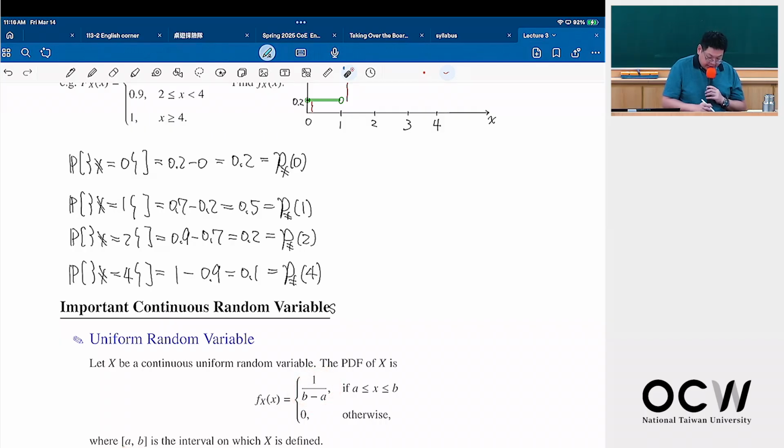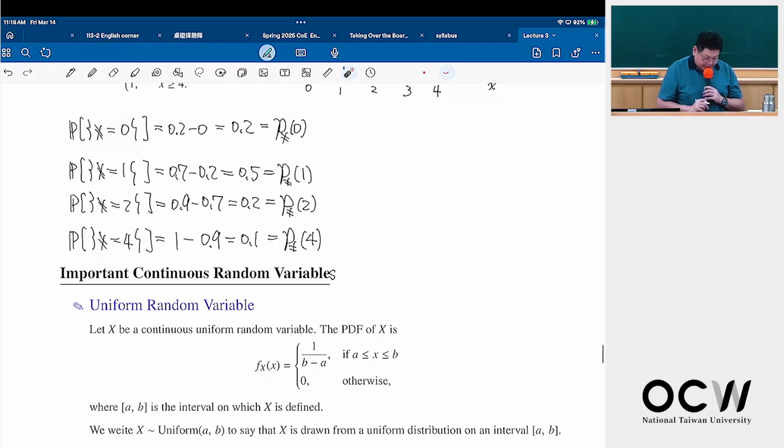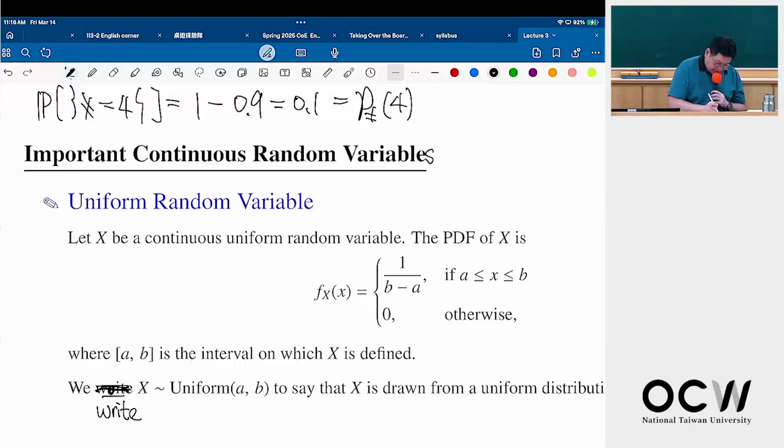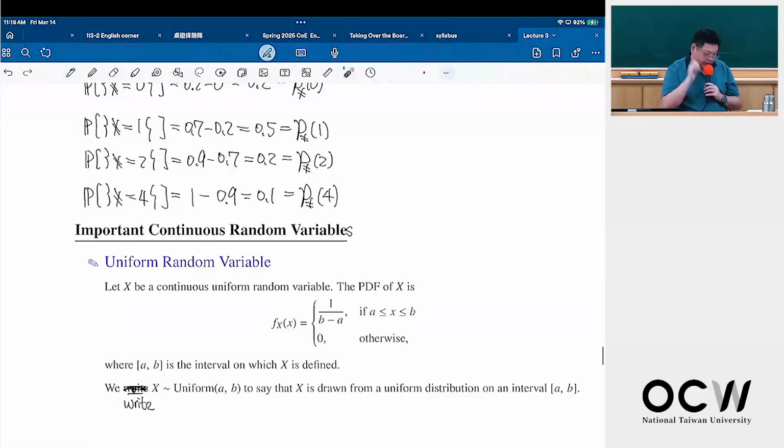And [a, b] is the interval on which my random variable X is defined. Otherwise, there's no PDF. We say that X is uniform(a, b). That means X is drawn from the uniform distribution on an interval a to b.